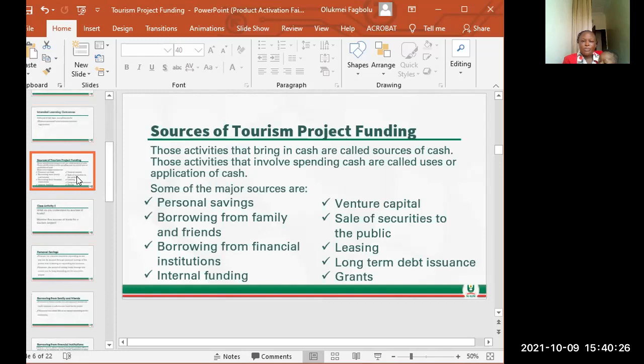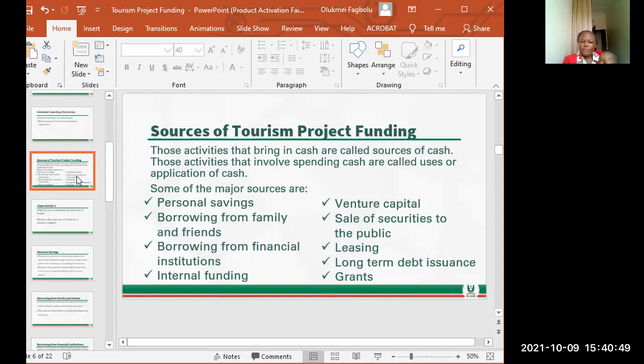Those activities that bring in cash are called sources of cash, as I've mentioned earlier. Then those activities that involve spending cash are called what? Uses or application of cash. Then some of the major sources of project funding include what?